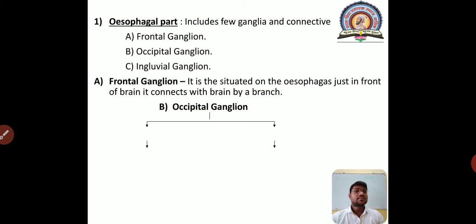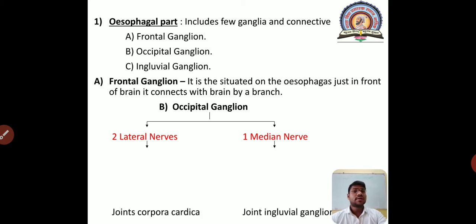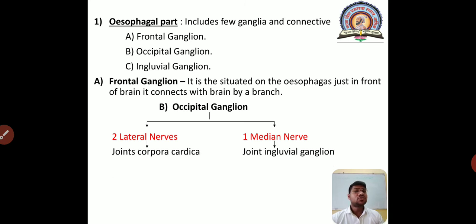The hypocerebral ganglion is divided into two parts. First, two lateral nerves, and second, one median nerve. The two lateral nerves join the corpora cardiaca and the endocrine glands.